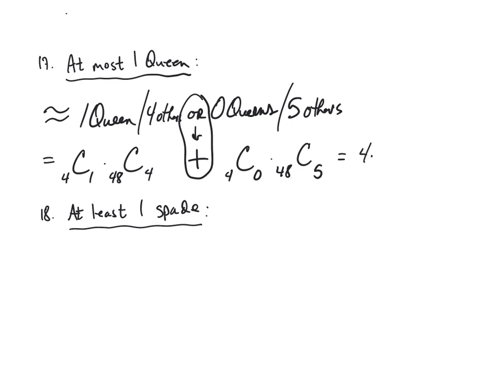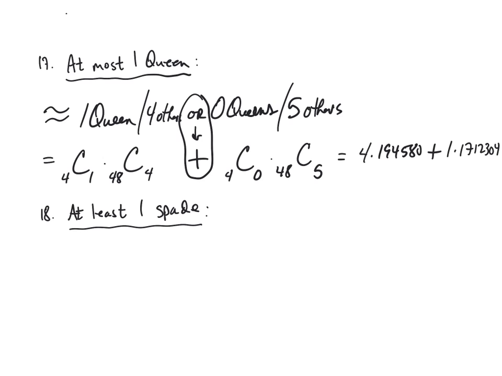The combinations of 4 selected 1 at a time is 4. 48 selected 4 at a time, that would be 194,580. Combination of 4 things selected 0 at a time is 1. And 48 things selected 5 at a time is 1,712,304.